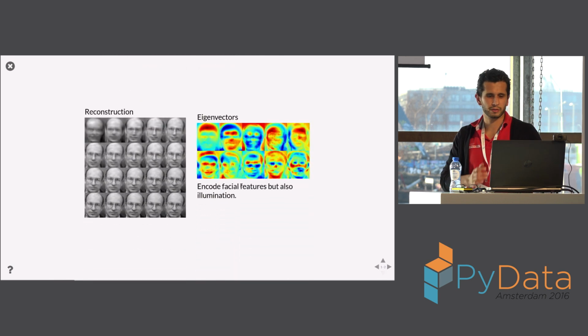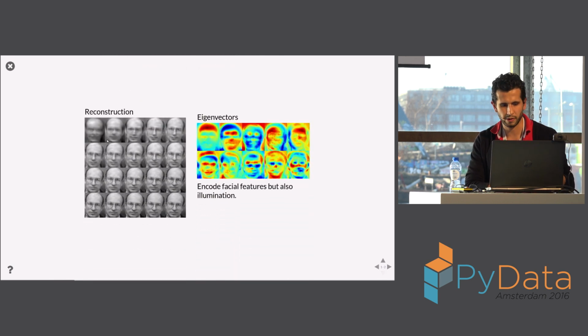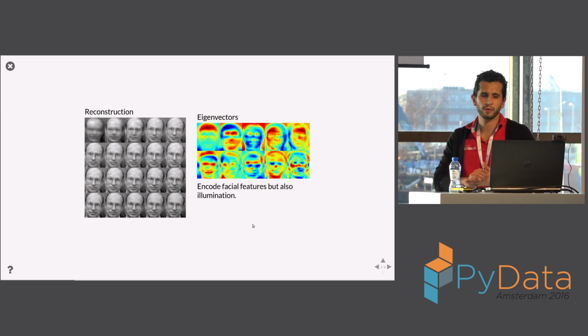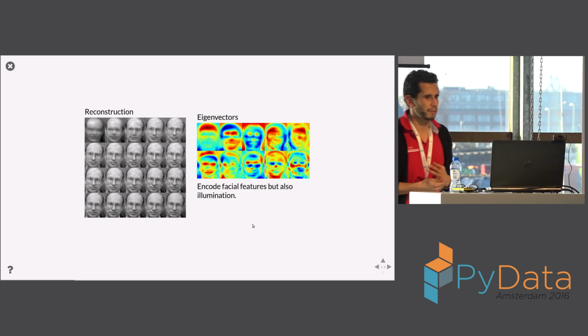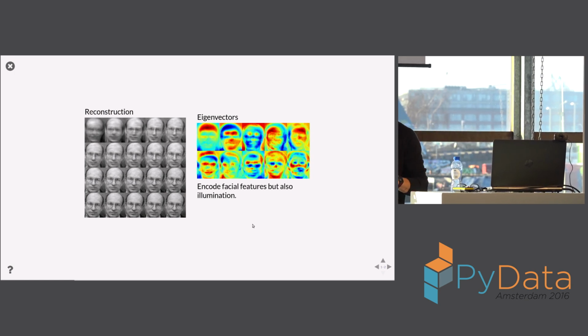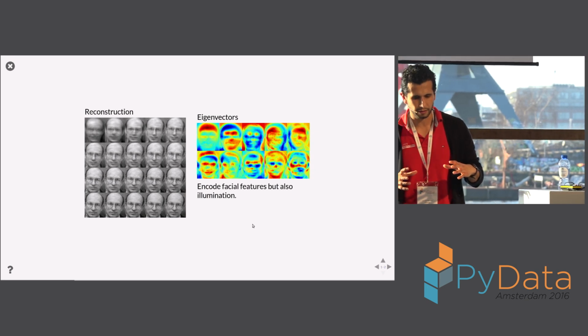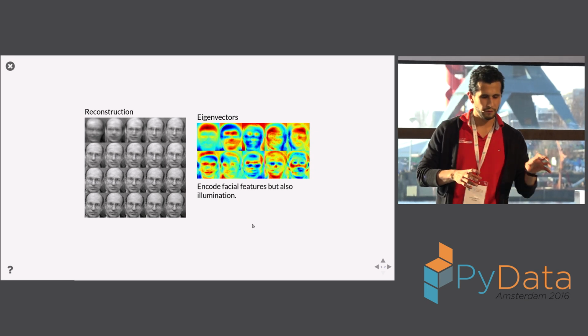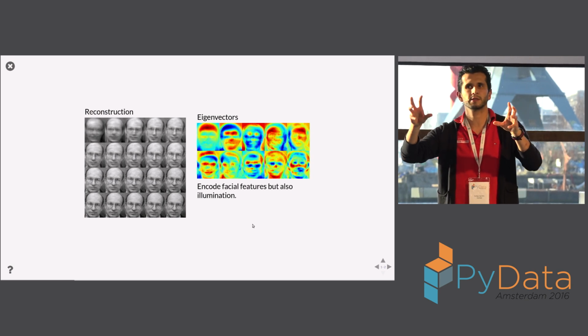Okay, so you've seen this I think many times, but this is the reconstruction of a face, just getting more eigenvectors, right? And you can see that not all of them are necessary, of course. I think you've seen this before. But then the problem with eigenfaces is that it encodes a lot of the illumination, because it does not group the eigenvectors into different labels. It just puts them all in the same space.